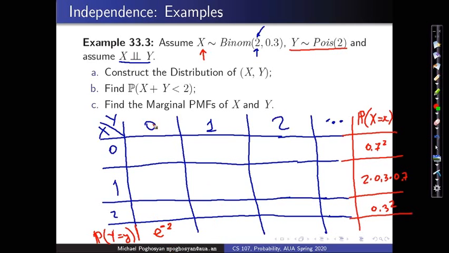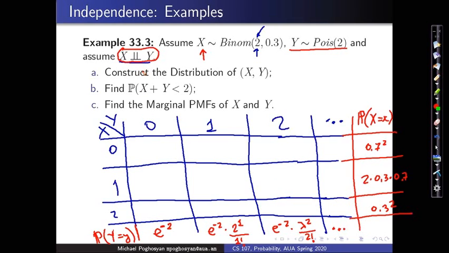Here, the probability that y is taking the value 1 is e to the minus lambda times lambda to 1, so 2 to 1, over 1 factorial. Here, the probability that y will take the value 2 is e to the minus lambda times lambda squared over 2 factorial, etc. So I can write, in fact, for general k, the probability e to the minus lambda times lambda to k over k factorial.